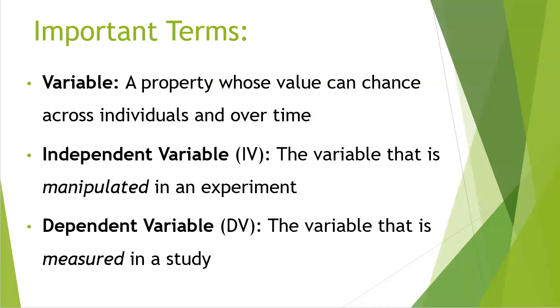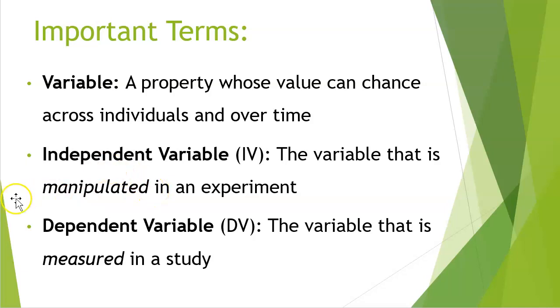There are some very important terms that we're going to have to know for experiments. The first one is a variable. I've been talking about variables a lot, but specifically a variable is a property whose value can change across individuals or over time. An independent variable, or IV, is the variable that's manipulated.